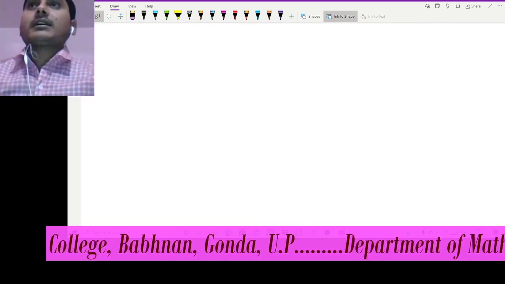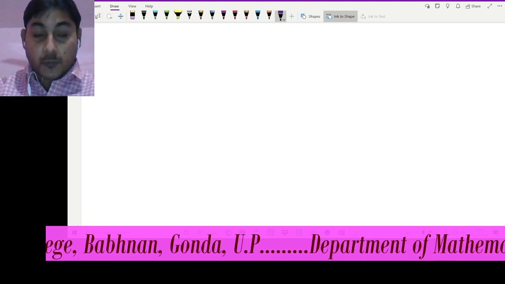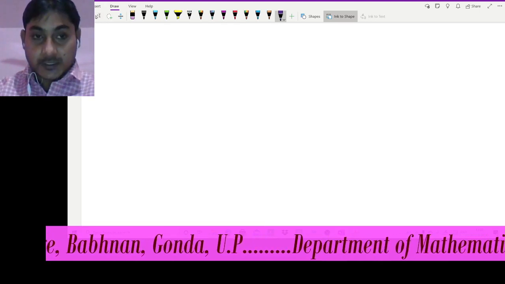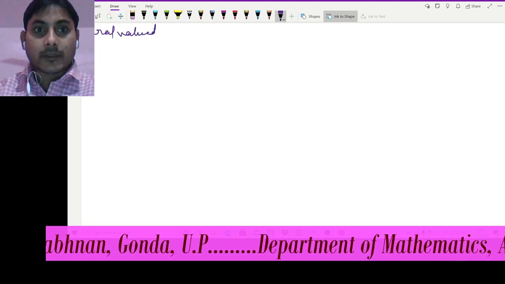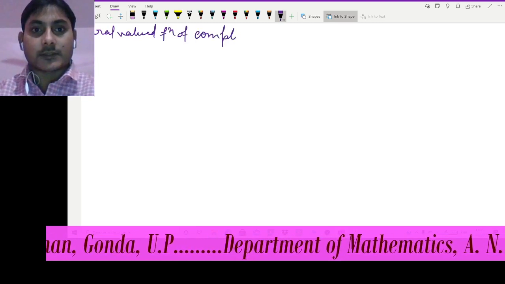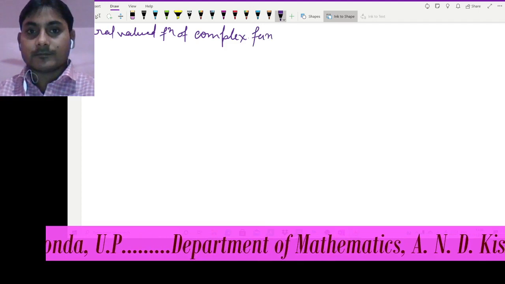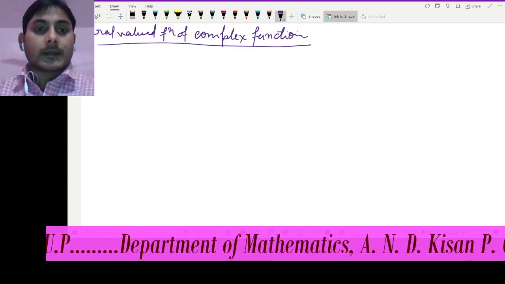Now I'm taking the general case. General case of what? General case of a real valued function of a complex variable. I'm taking the general case of this particular complex function. So our case is this.